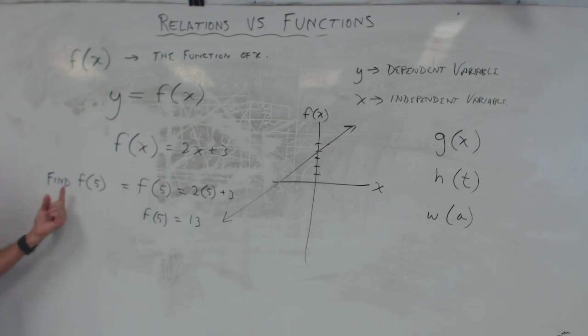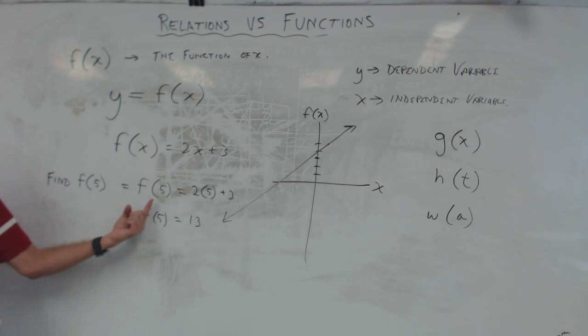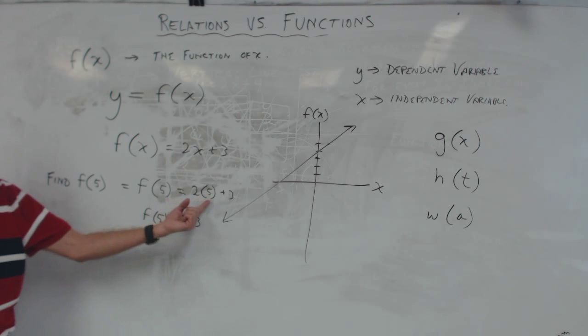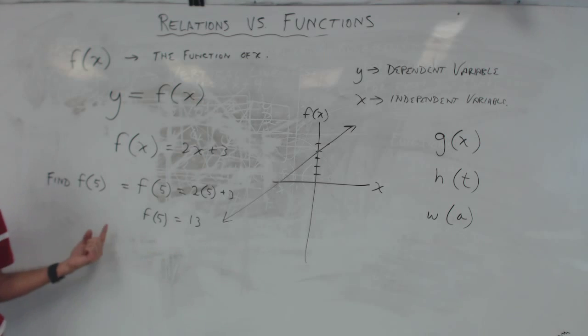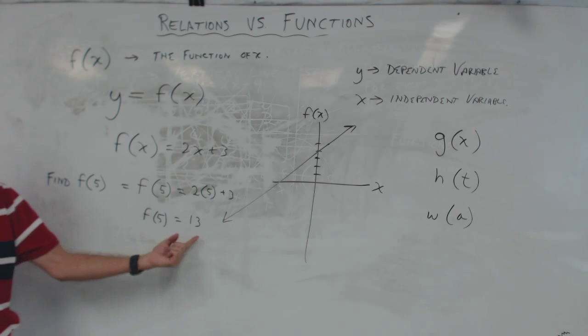All this is saying is when I say find f of 5, find the function of x when x equals 5. Does that make sense? Find the function of x. In other words, find y when x equals 5. That's all it's saying. So I could put y equals 2 times 5 plus 3, y equals 13, or I could put f of 5 equals 13.